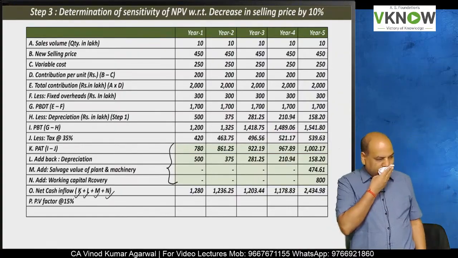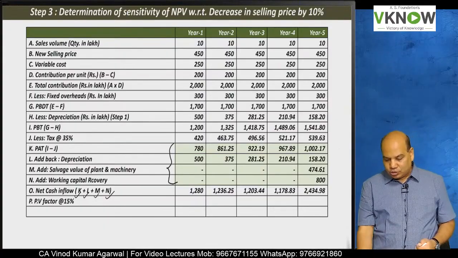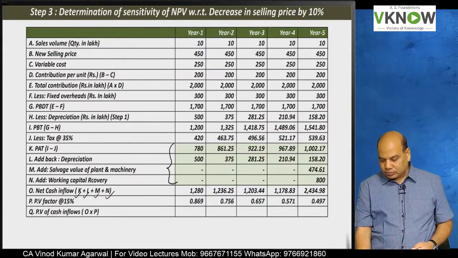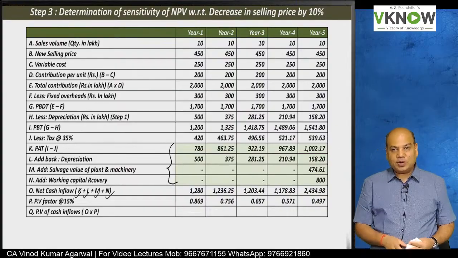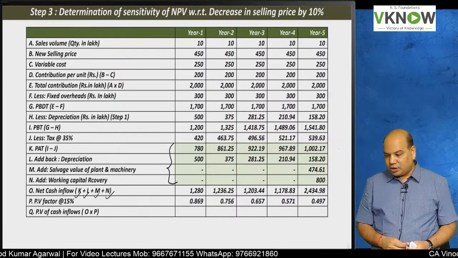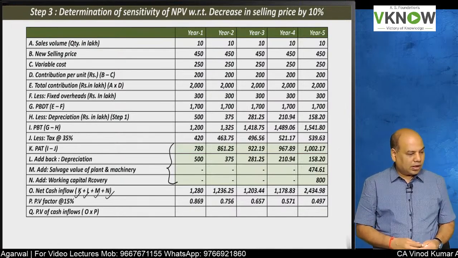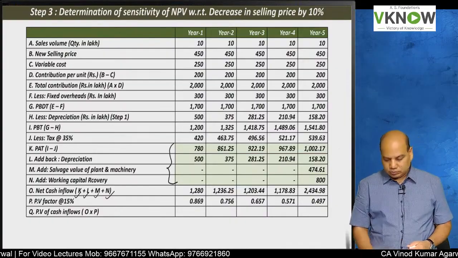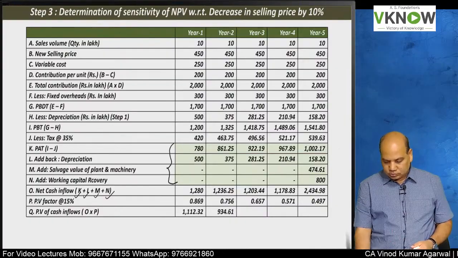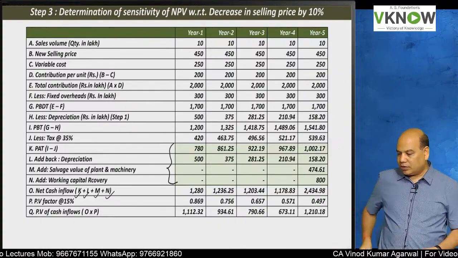Anybody? What is the NPV? What is the present value total? Can you please reply present value total? Last line total.